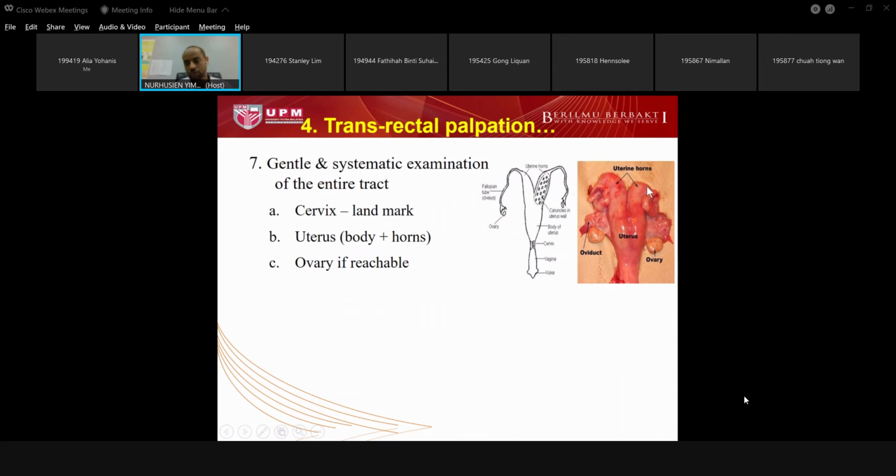Then you gradually continue to reach the level of the ovary, and you also check the ovary, basically for the presence of corpus luteum during pregnancy. That's what we expect to have. That is what we mean by systematic. Once you check all the way from the beginning to the end, you can make a decision based on the findings that you have. That is what you need to do at this stage of the procedure.